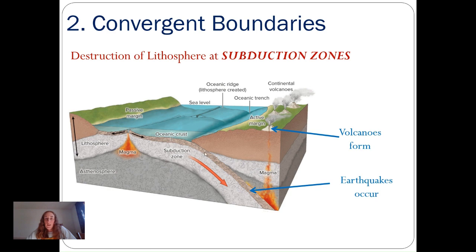So once this rock, this oceanic floor or crust, is pushed far enough down into the mantle, it heats up, it melts, and it will turn into liquid rock or magma. So it will be destroyed at a subduction zone or at a trench. At this location, you can get earthquakes. You can also get volcanoes that will form. And usually a volcano will pop up on the tectonic plate that is not being subducted.